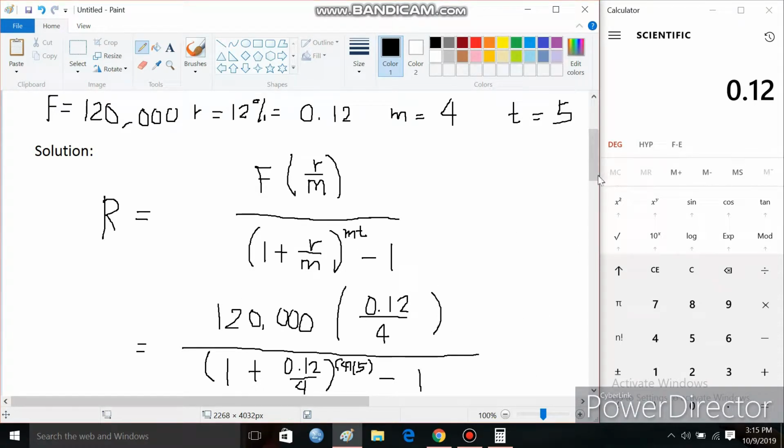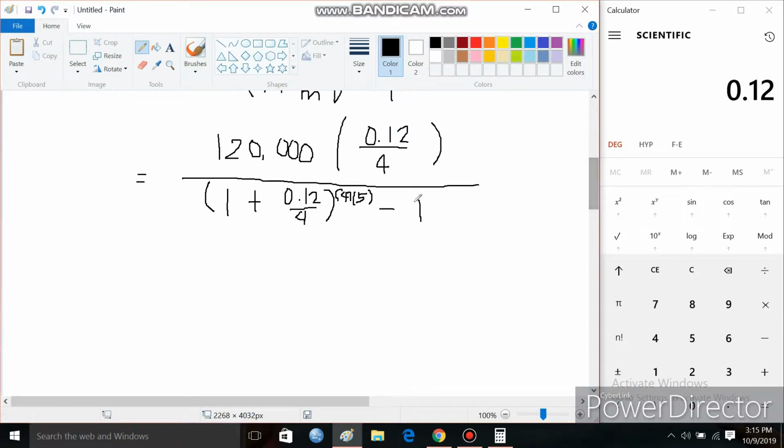Then after substituting, we need to operate the numbers within the parentheses. So we have 0.12 over 4, so we'll type in 0.12, then press divided by 4, press equals. So this is the answer, 0.03.